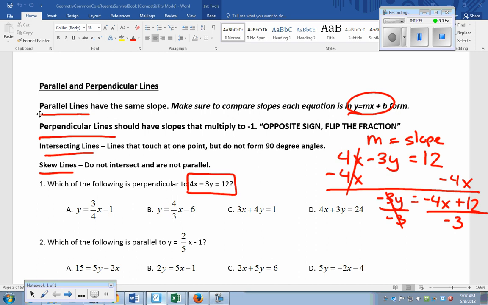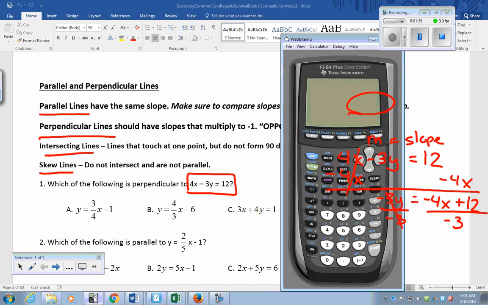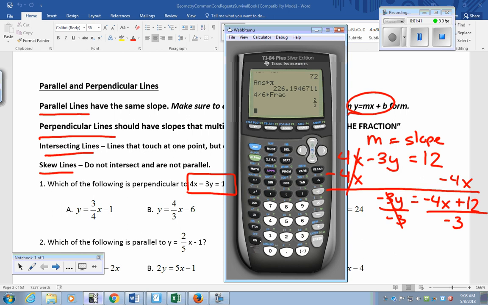So what I would do in the calculator, once I got to this step, is I take my two numbers, my -4, and I would divide each of them by -3. So that would be my first step right here. I get a decimal, I change it back to a fraction.